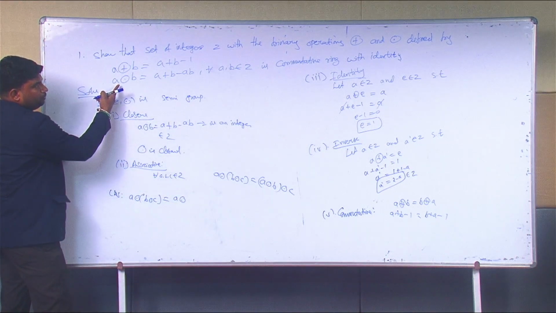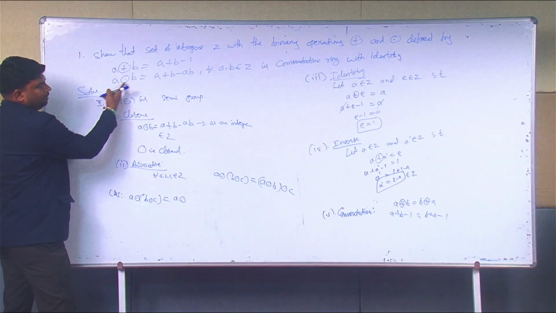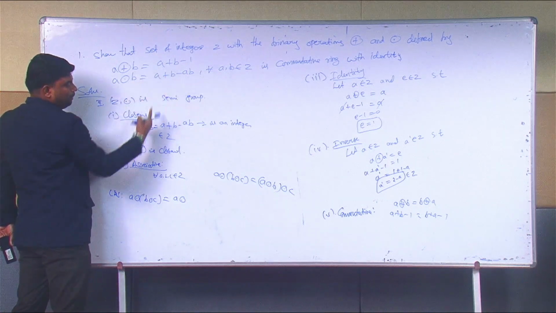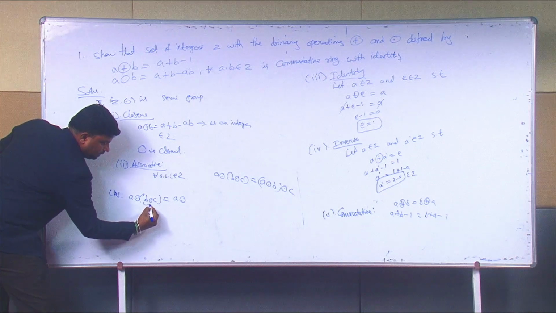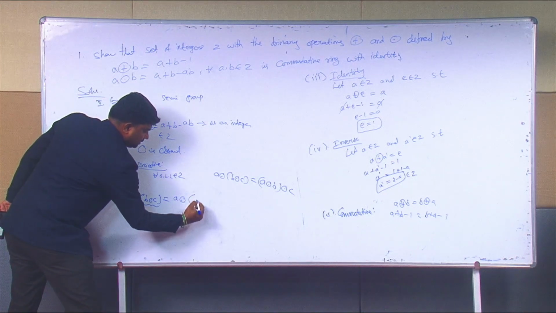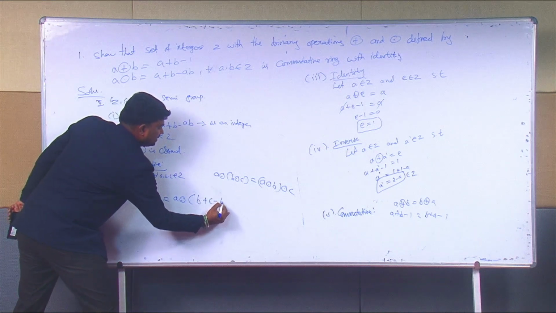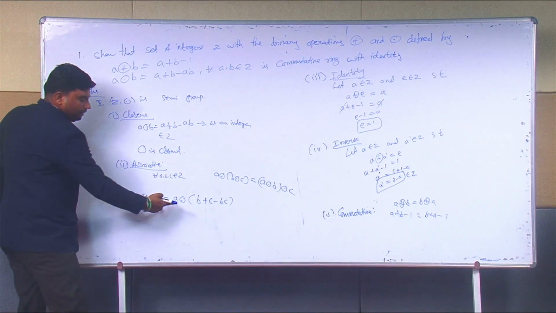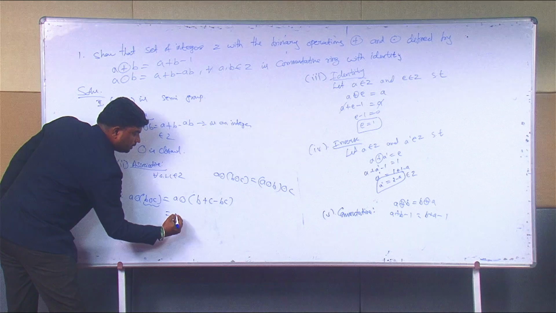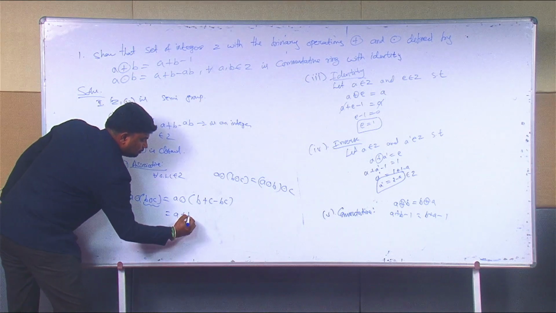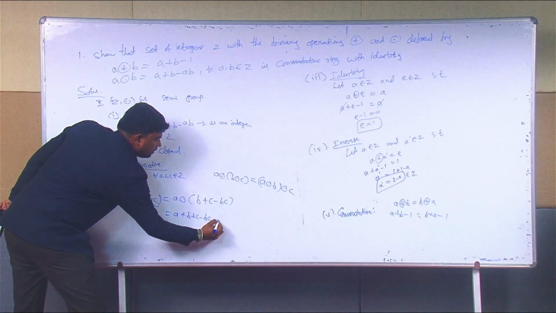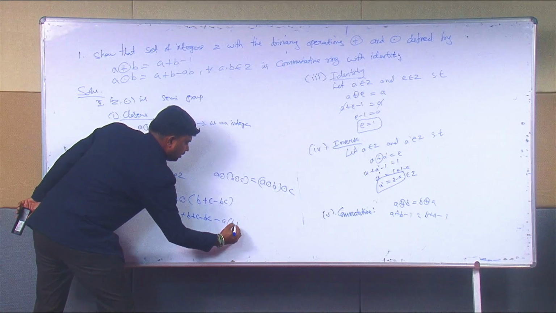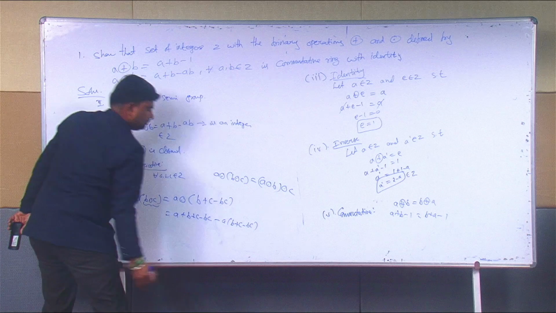Now applying the definition, B multiplication modulo C is B plus C minus BC. Again applying the multiplication modulo definition, A plus B plus C minus BC minus the product of these two terms, A into B plus C minus BC.